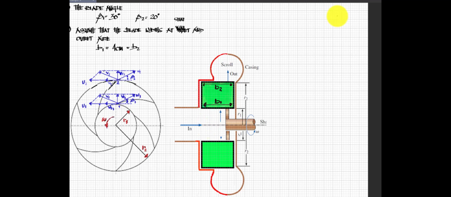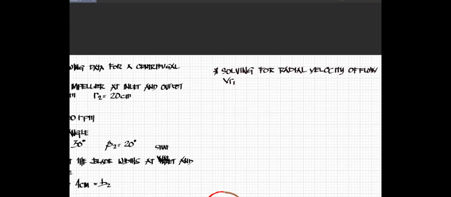So let's try to solve now for the radial velocity of flow. That will be your VR1. Remembering that our tangential velocity will be your U sub 1. This is the tangent of theta.